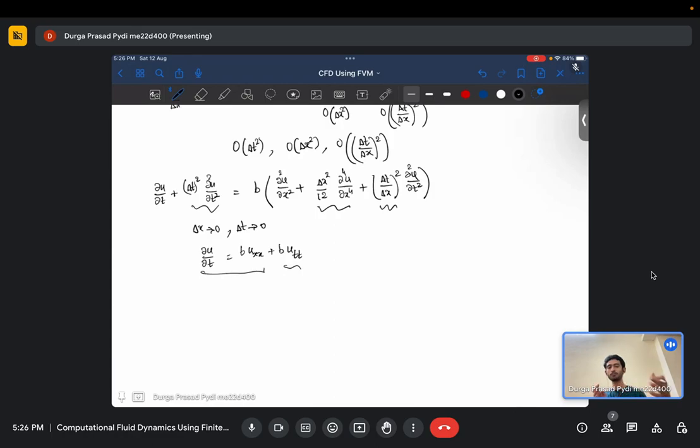As you refine more and more, the significance of the term in your overall equation should drop out. But in this particular scheme, if you decrease your delta x, this term gets more and more significant. That is something which we do not want. So this is not like an artificial diffusion term. Even when you add artificial diffusion terms, the scheme can still be consistent, because the coefficients will vanish as you refine your mesh more and more.